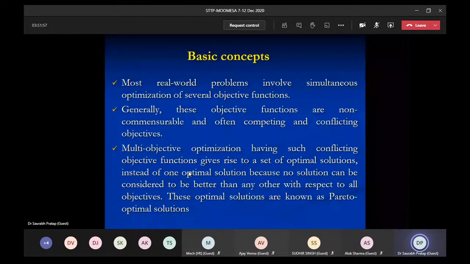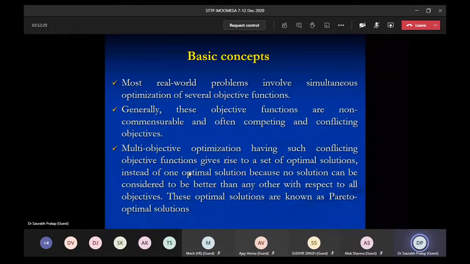constraint, the passenger wants to reach the railway station within a short time period. Then the passenger offers the driver, I will pay some more money, but I have to reach the station as early as possible.